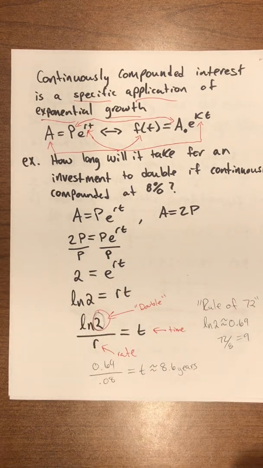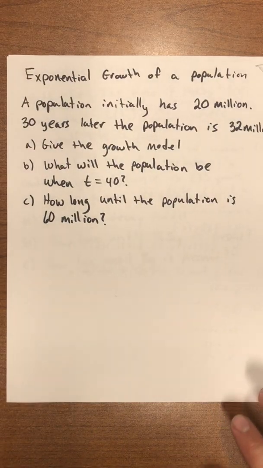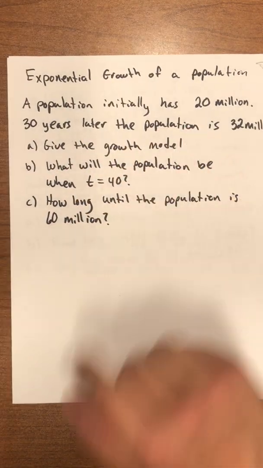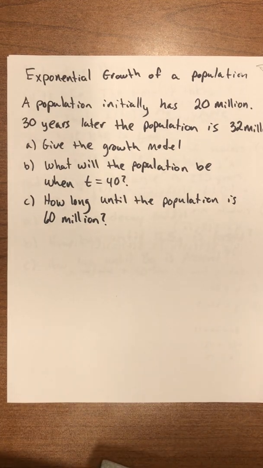But here's the math that we want to be able to do. Okay, let's take a look at exponential growth of a population. A population initially has 20 million. We could say a particular region or a country, it doesn't matter. 30 years later, the population is 32 million.